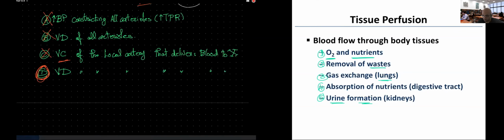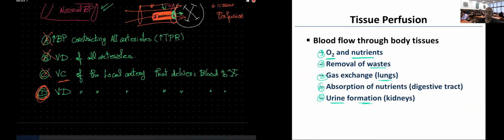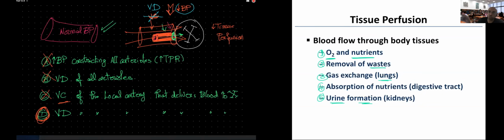But here, I have a localized problem. So having a localized problem, if I constricted this vessel, the organ here is going to be receiving much less blood, and it actually is suffering from a reduction in the tissue perfusion.